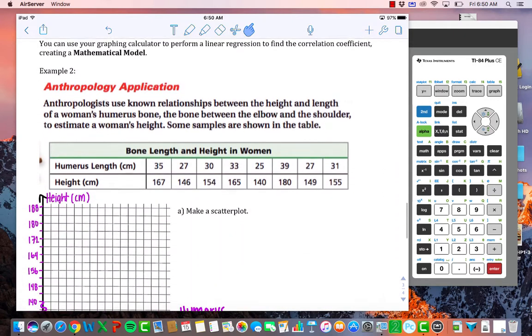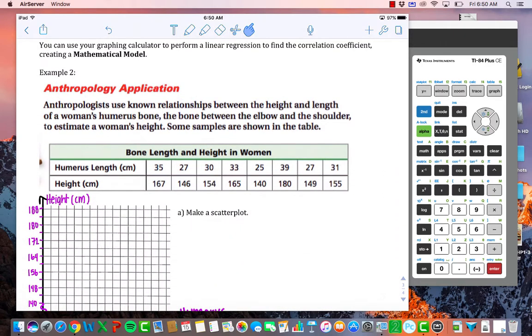So again, you can use your graphing calculator to perform a linear regression, which helps you find that mathematical model or the line equation that we're going to use.